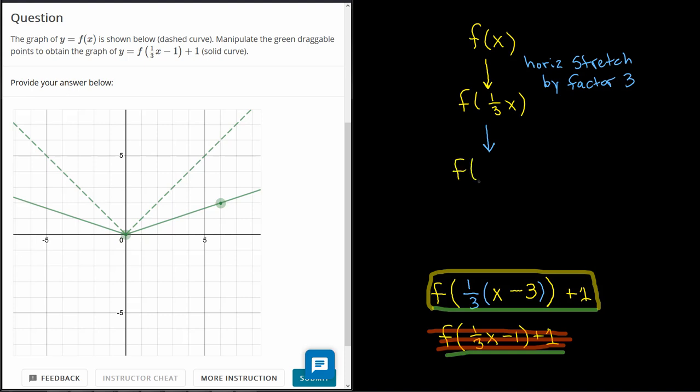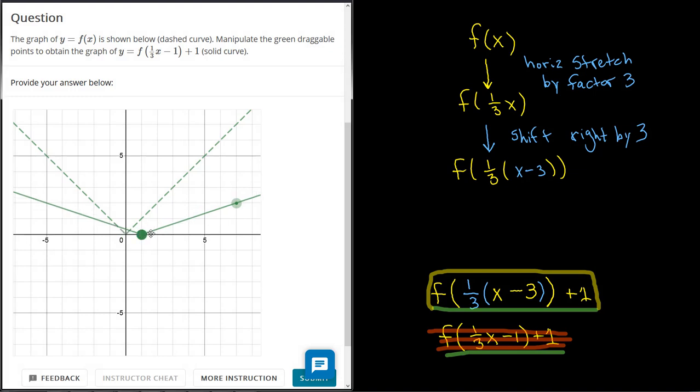So f of 1/3, if I replace that x by x minus 3, then thinking about graph transformations, replacing x by x minus 3 is going to be a shift to the right by 3. There's a lot of 3's in this problem. That's just a coincidence. So I'm supposed to shift right by 3.